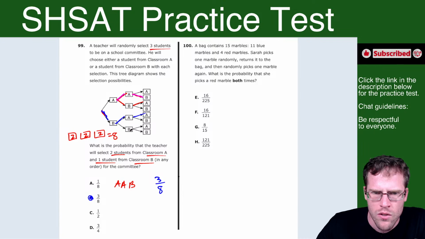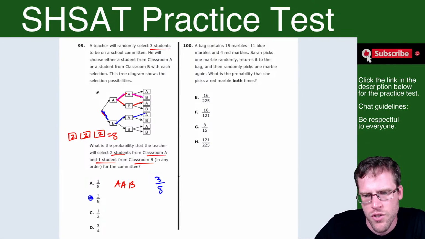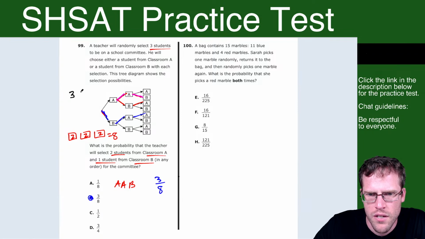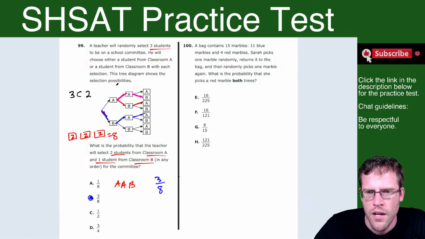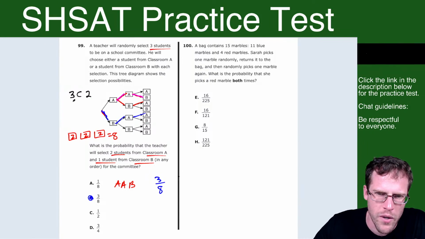All right, cool. Later on in high school math, you could use a trick. What's it called? It's 3 combination 2. If you're making 3 selections and you want 2 of them to be A, there are 3 ways that could happen.